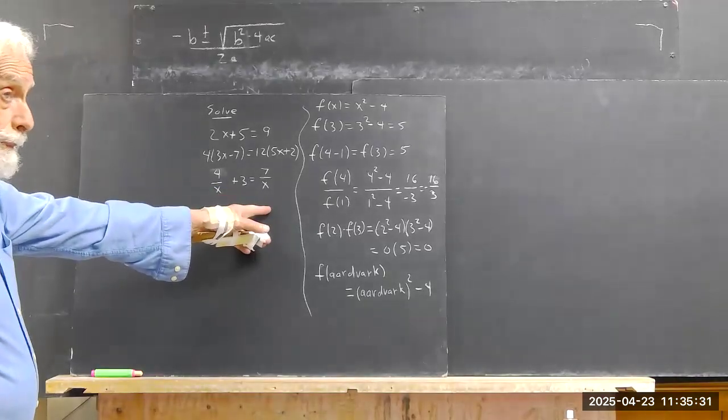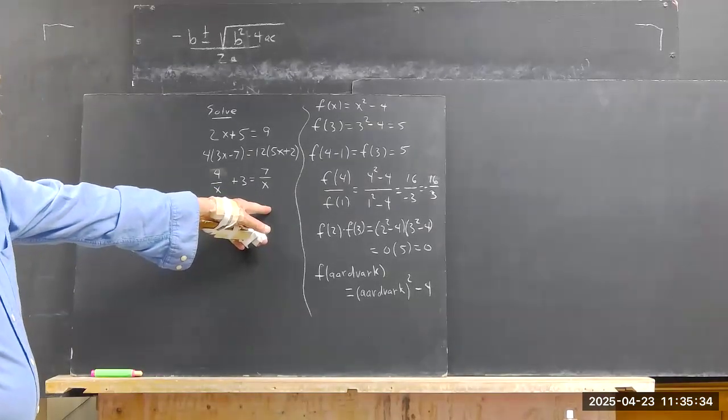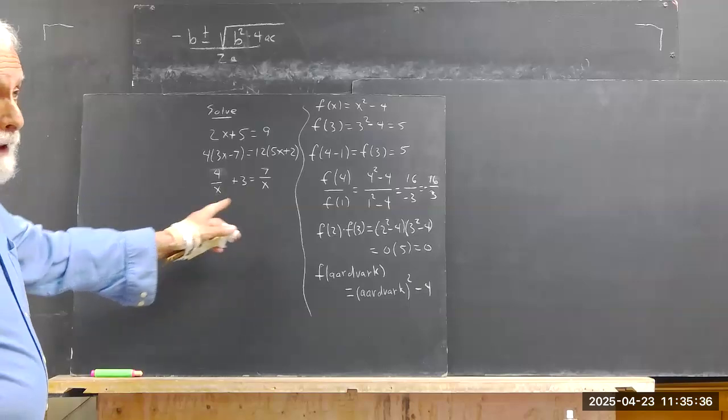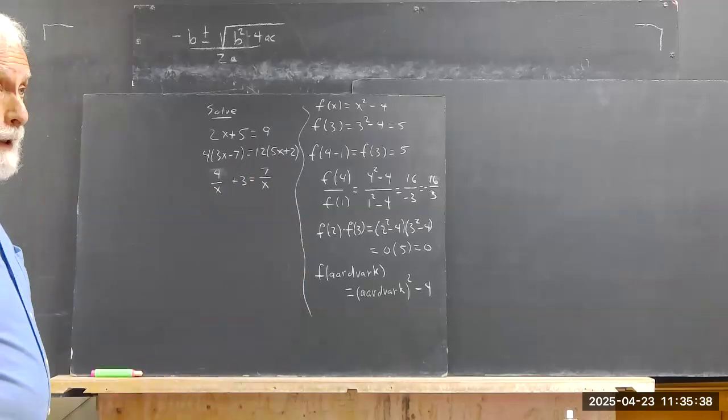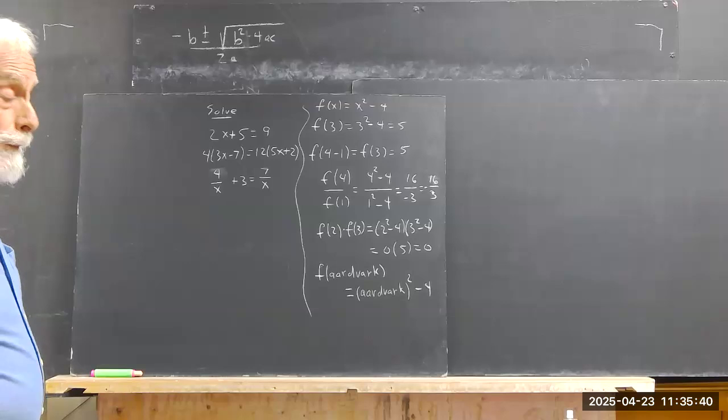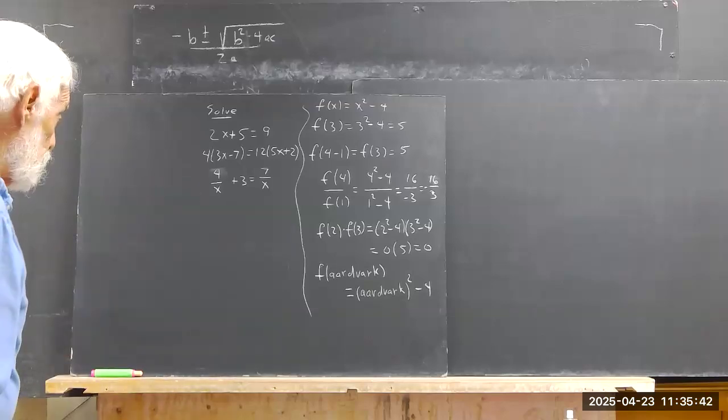What are you going to do with this one? That's one that always throws people. You've got denominators, so you multiply both sides by the common denominator. I'll probably go ahead and solve this just for review.